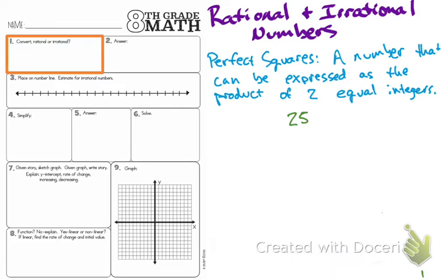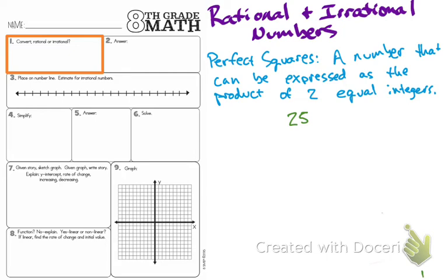Let's talk about perfect squares. Perfect squares are helpful for us in identifying rational and irrational numbers. A perfect square is simply a number that can be expressed as the product of two equal integers.